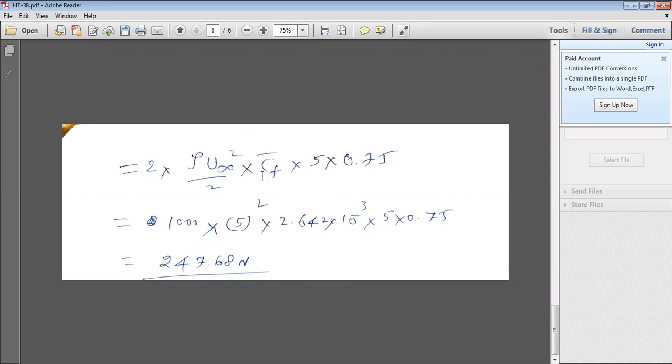The average value is to be taken here. Then into area, length into width, or x into b, where x is equal to L, which is 5 meters, and width 0.75.